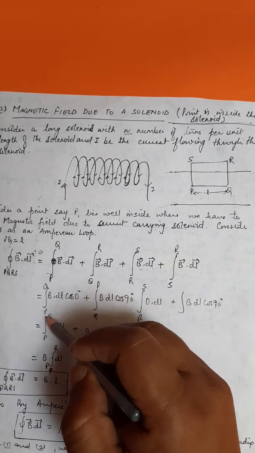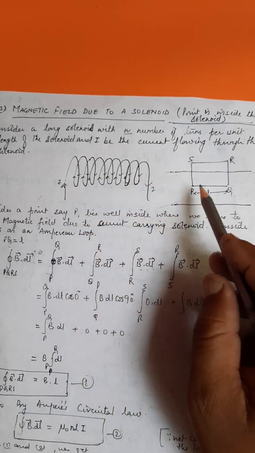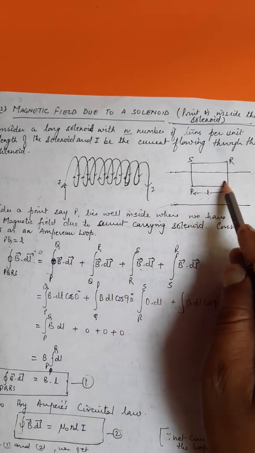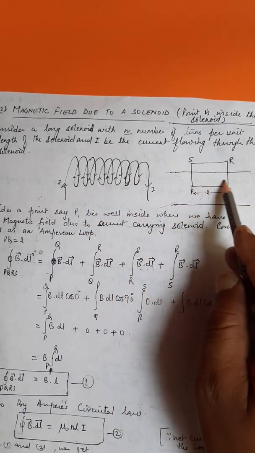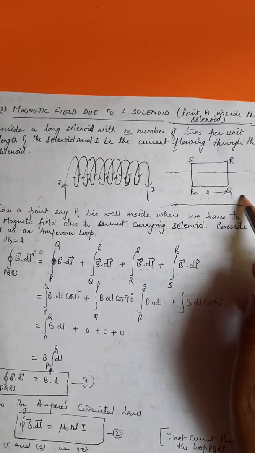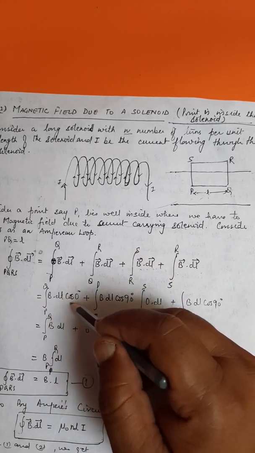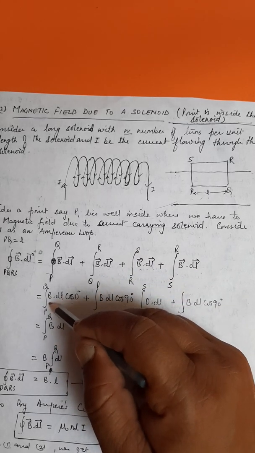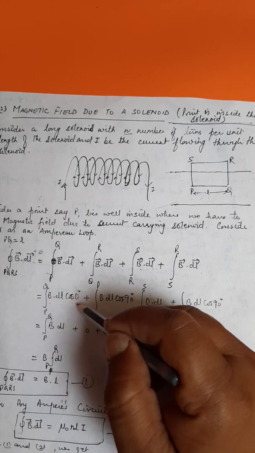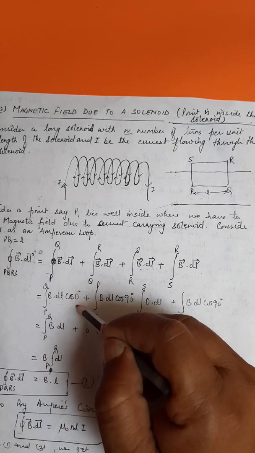Now for PQ, the magnetic field inside the solenoid is parallel to the axis. So the angle between B and dl will be 0, and we can write B dot dl as B dl cos 0.